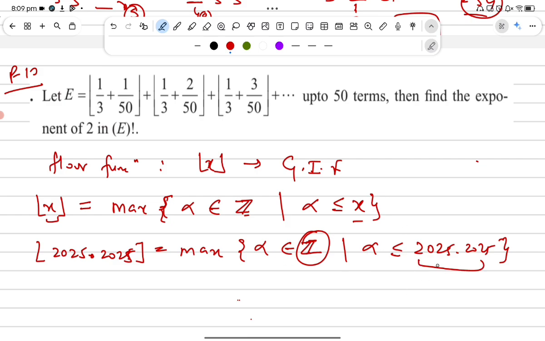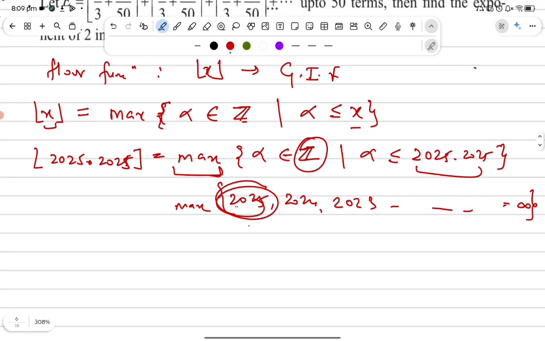So the integers less than this thing are 2025, 2024, 2023, right? Up till negative infinity. This is the set. We are saying maximum of this, maximum of this is 2025. So the GIF of 2025.2025 is equal to 2025.